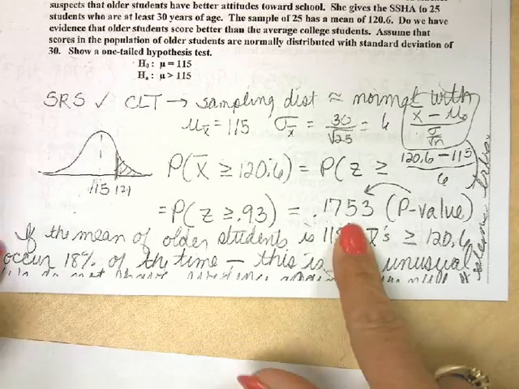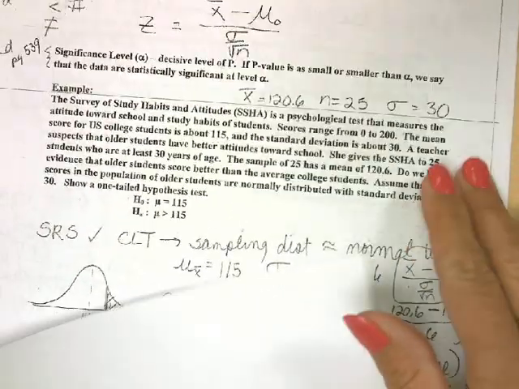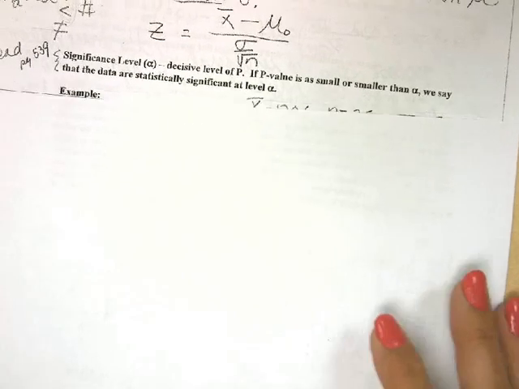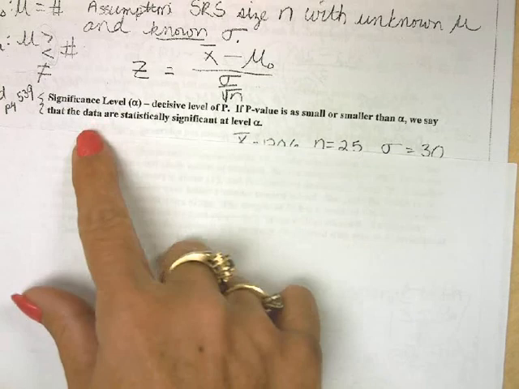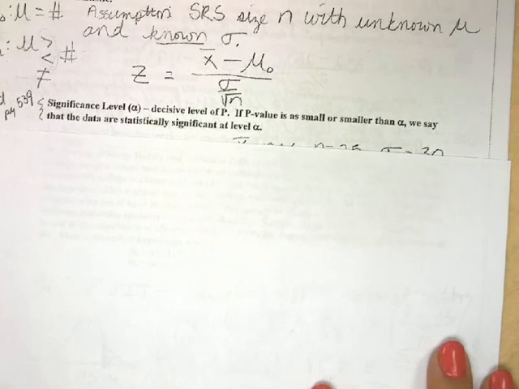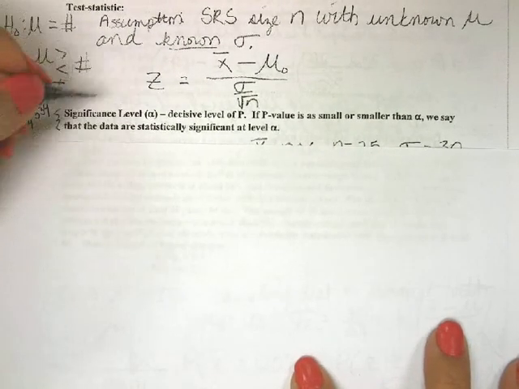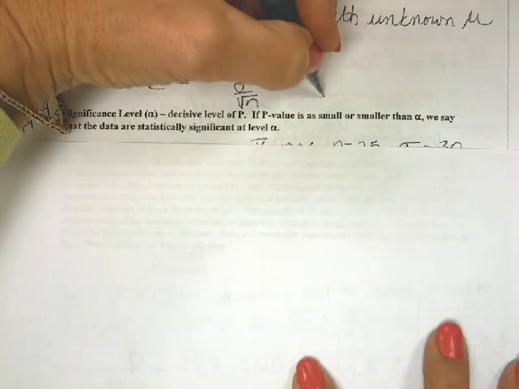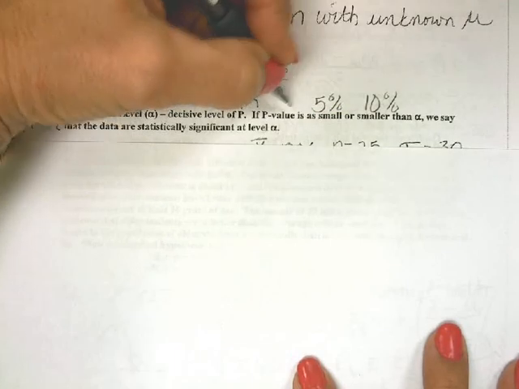Now, is that unusual? That's where this idea of a significance level comes in. The idea of a significance level is a judgment that you're basically pre-given about what will be considered to be unusual or statistically significant or not. Significance levels are common at 5%, 10%, and you can go as low as 1%.